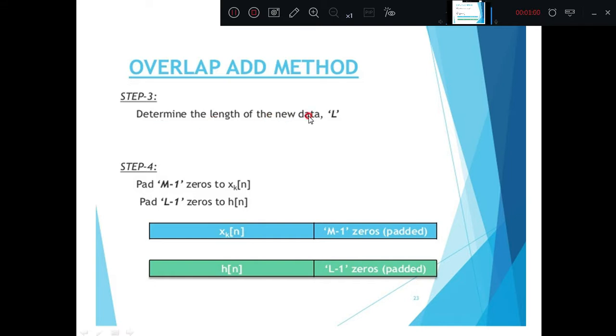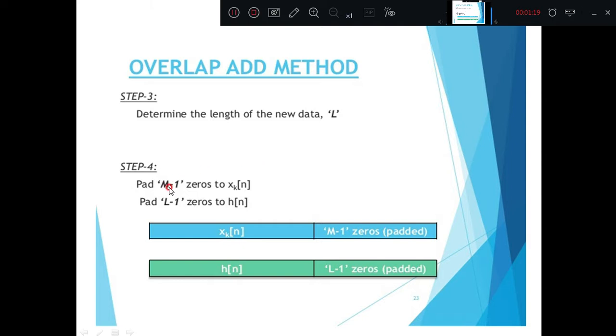After dividing the sequence x of n into new blocks, the length of each block should be capital L, and this capital L is determined using the formula L is equal to N minus M plus 1.